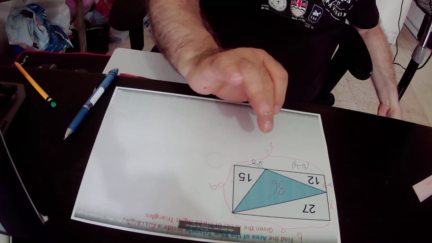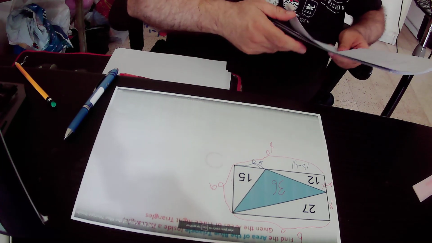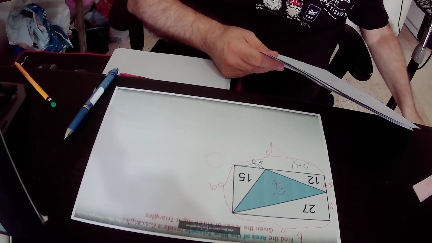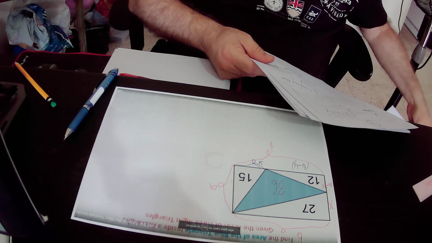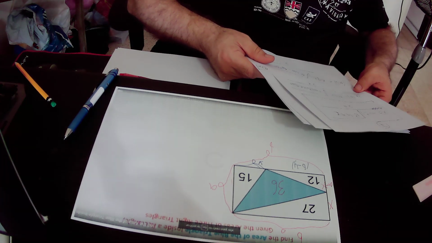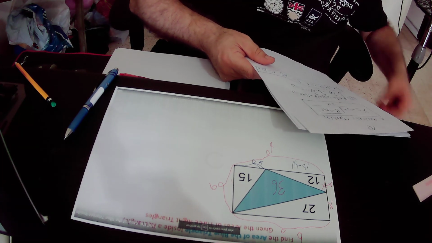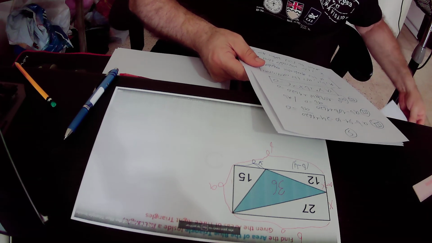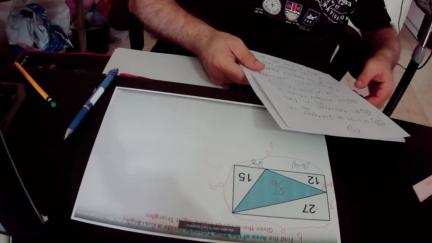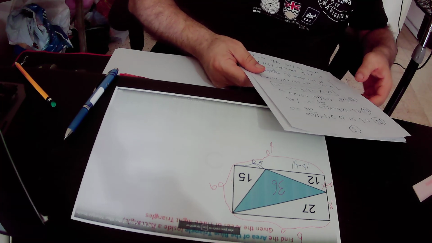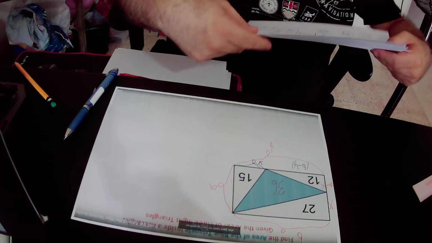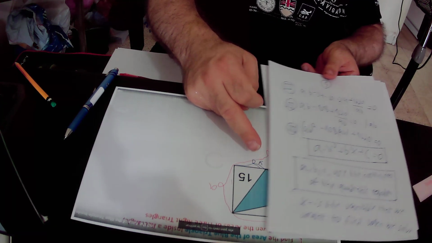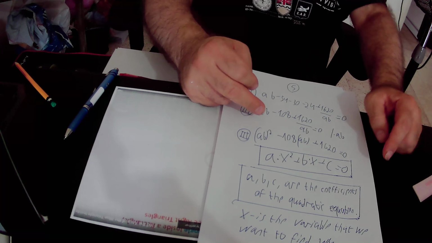So we created those three equations for the areas of those three right triangles, and from those three equations we actually get a quadratic equation whose variable was a times b.